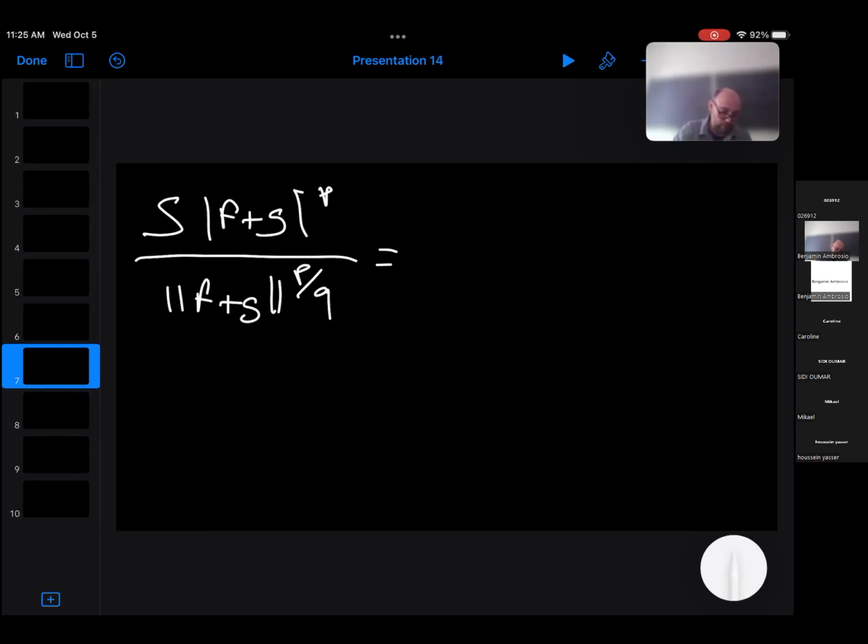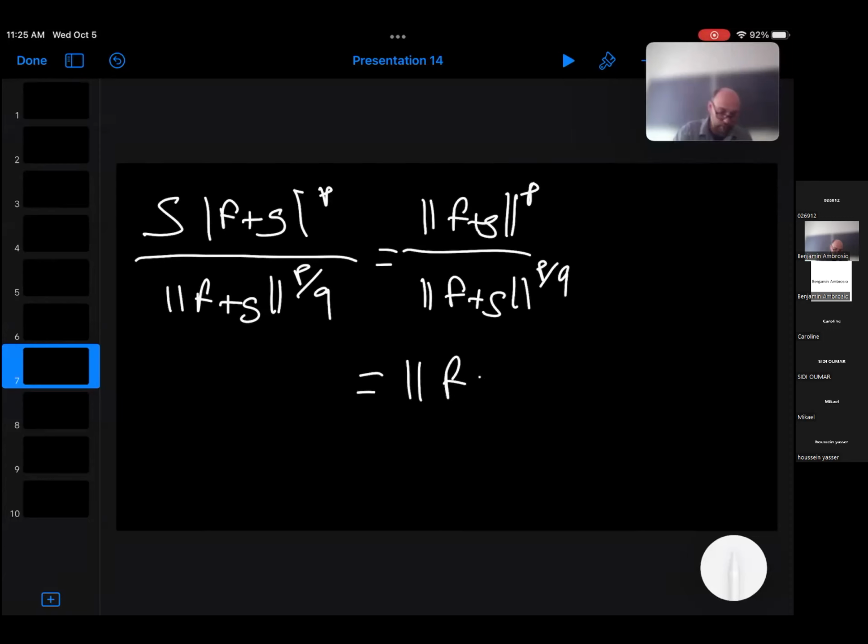So this is exactly the norm of f plus g in p to the p, divided by the norm of f plus g in p to the p divided by q. So this is the norm of f plus g in p to the p minus p divided by q.